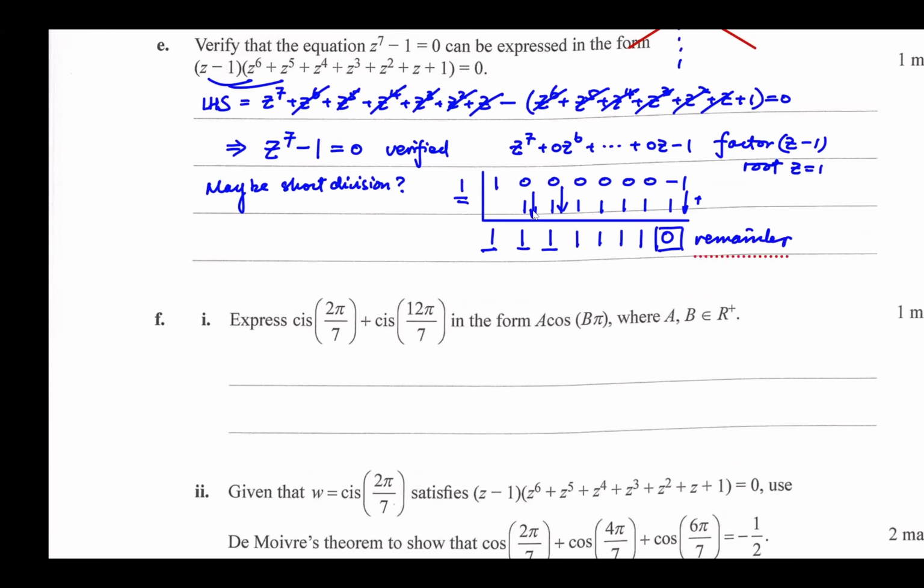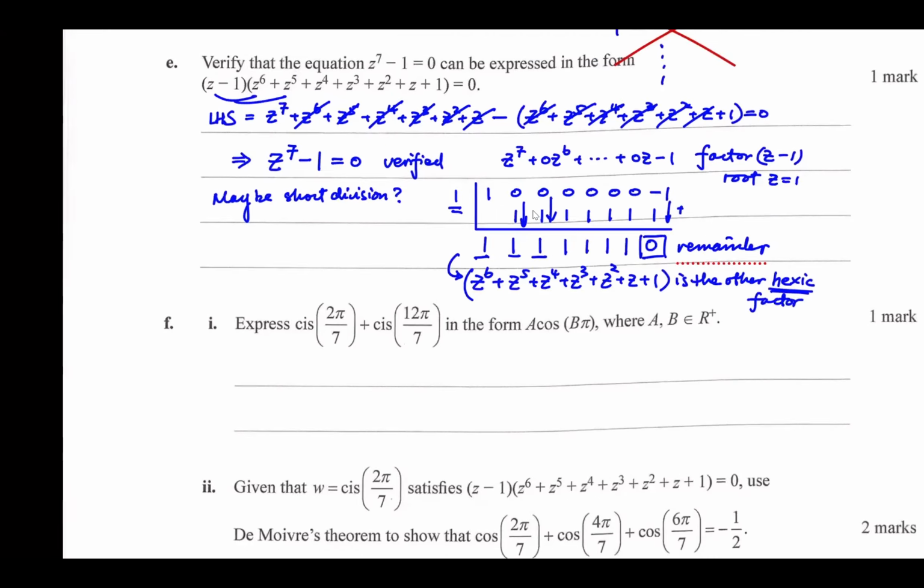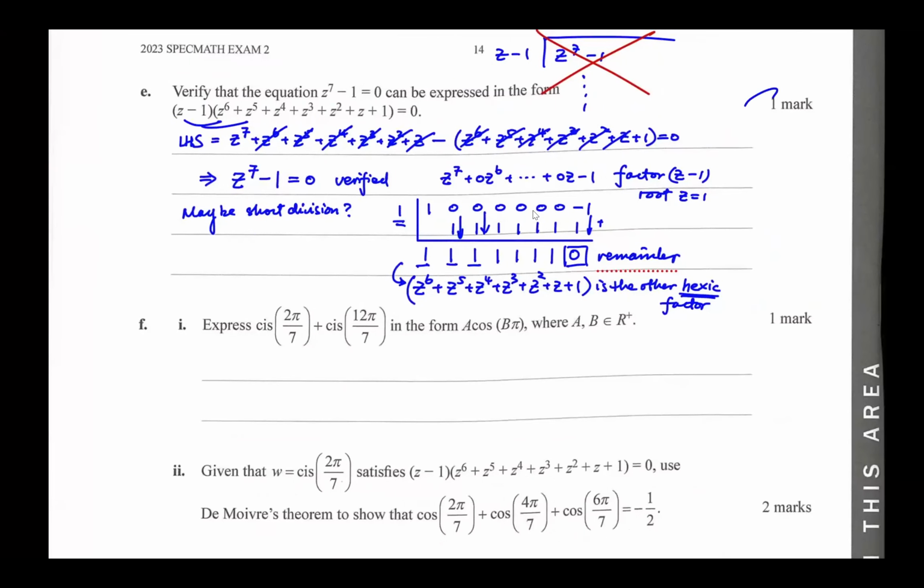So that indicates z to the power 6 plus z to the power 5 plus z to the power 4 plus z to the power 3 plus z to the power 2 plus z plus 1, okay? Is the other, I would say, hexic factor, okay? That means power 6. Anyway, for a 1 mark question, I think the most economical way is just expanding your left-hand side and cancelling everything down nicely.